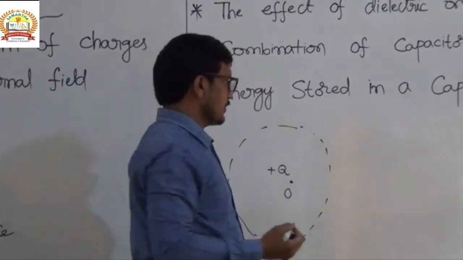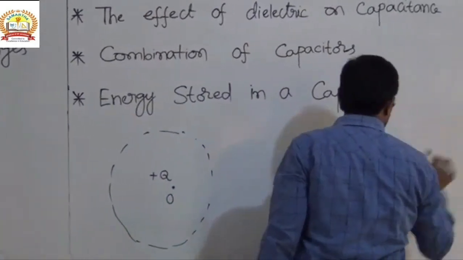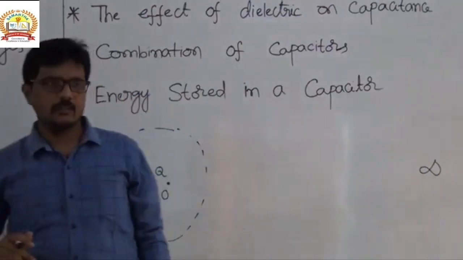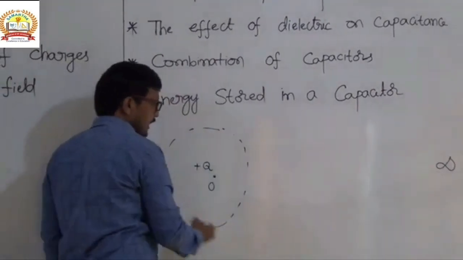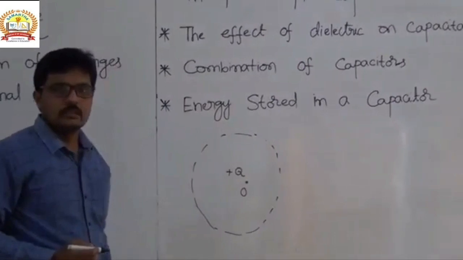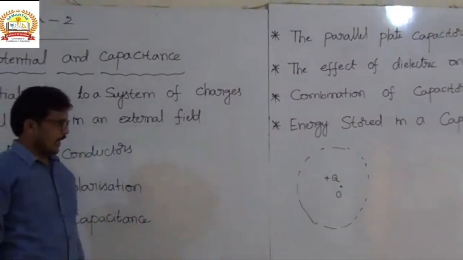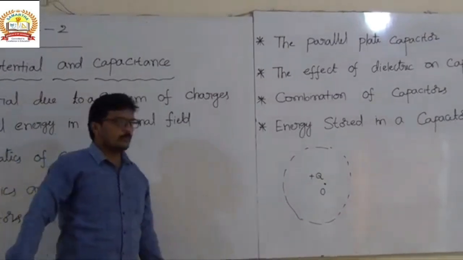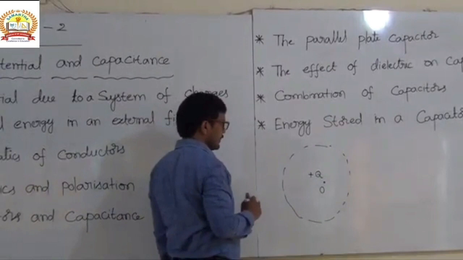Then we want to bring a charge from infinity to the given point against the electric field. This is called the electrostatic potential. And this electrostatic potential, we know the symbol of electrostatic potential.